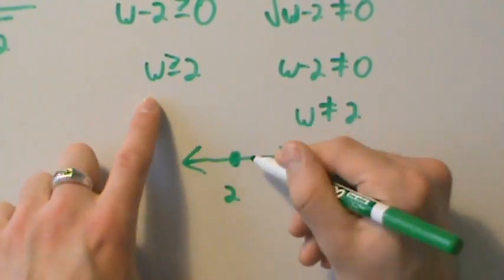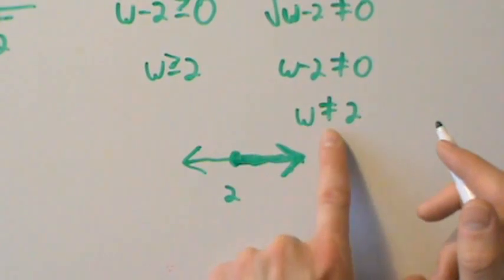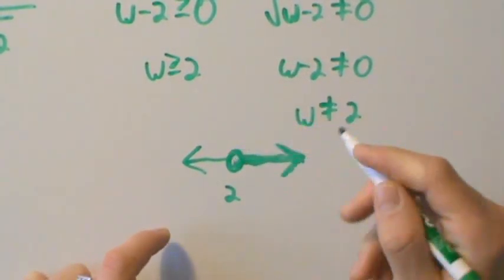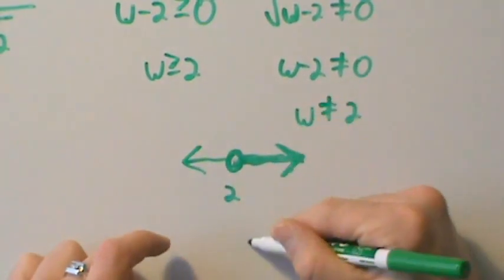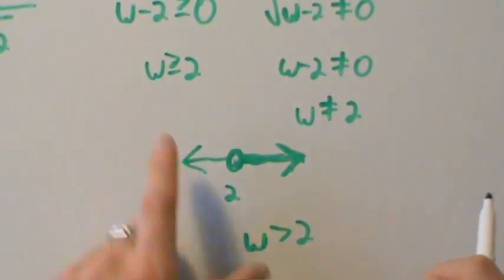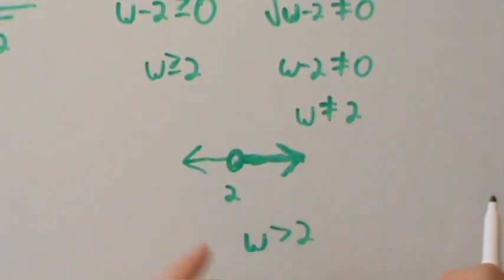So w has to be greater than or equal to 2, but also w is not allowed to be equal to 2, so we're going to toss 2 out of there. Basically, both of these together just means w is greater than 2. So that's our restriction here. Greater than or equal to 2 and not equal to 2 means just greater than 2. So that's our domain restriction. w has to be strictly greater than 2.